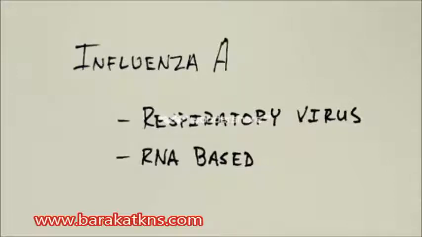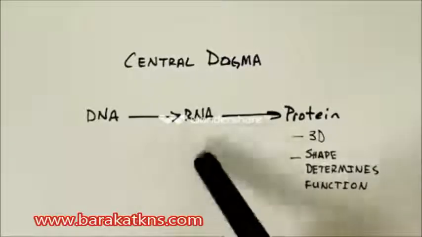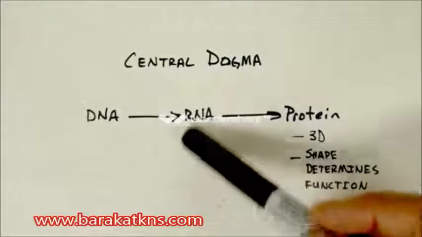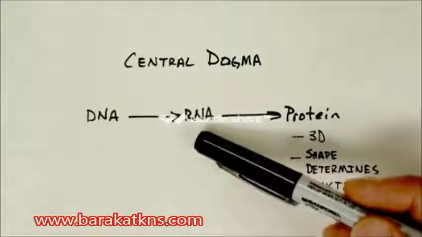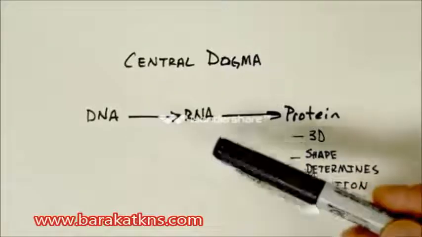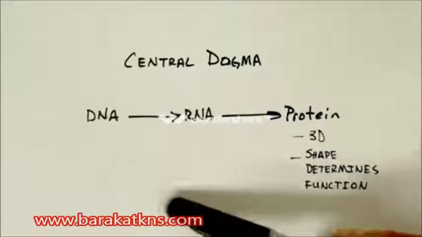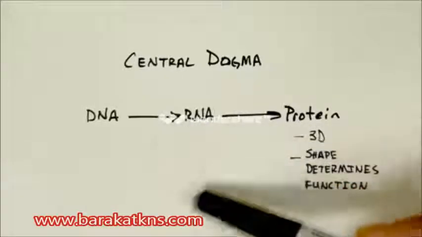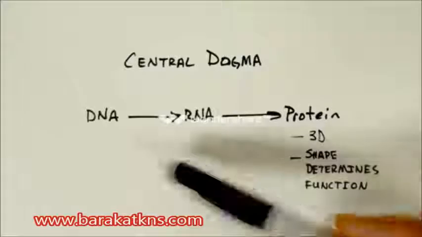And what's interesting about this, and why it seems to be such a variable and what we call a mutant type of virus, is that when the virus actually gets into the cell, it needs to replicate itself. So it needs to make more RNA. The process of doing that in the cell, however, is not proofread. So a lot of errors can be introduced into the RNA when it is replicating itself.